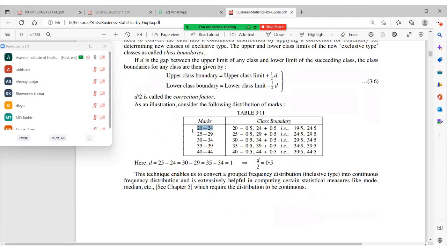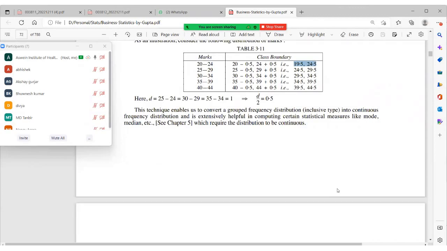So the class mark is 22. In the similar way, with the boundaries, if we add 19.5 and 24.5, we get 44, and 44 divided by 2 is 22. The answer should be the same. So the midpoint is called the class mark.